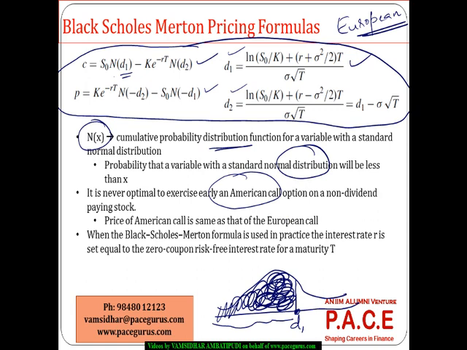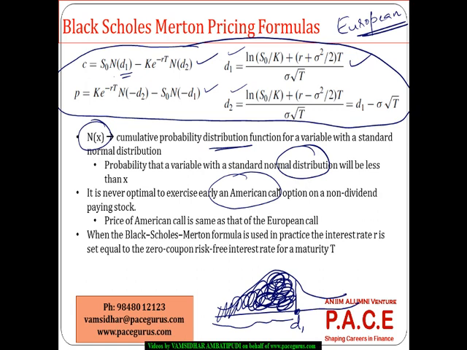This also tells us clearly that the price of the American call option should be the same as that of the European call option. But that may not be the same in case of put. So the Black-Scholes-Merton pricing formula as it is may not be applicable to the pricing of the American put option, but definitely it will work for the American call option.